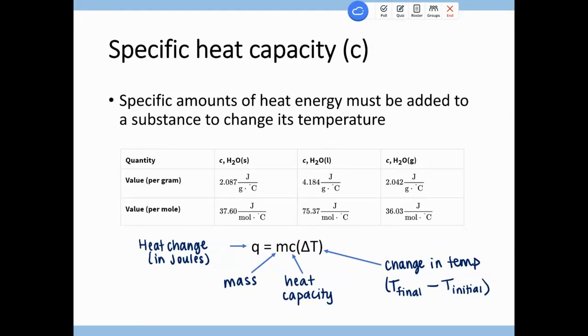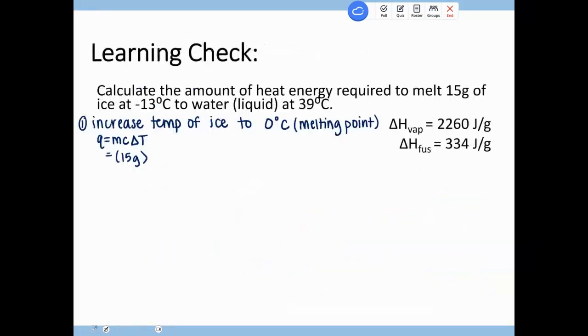Because it's a solid, yeah. So depending on what phase your sample is in, you use a different specific heat. So because the sample is a solid, we need to use the specific heat for the solid water, and we're going to use units of joules per gram degree Celsius because we have mass in grams. There's no need to complicate it and use mole because grams is also provided. So our C specific heat here is 2.087 joules per gram degree Celsius.